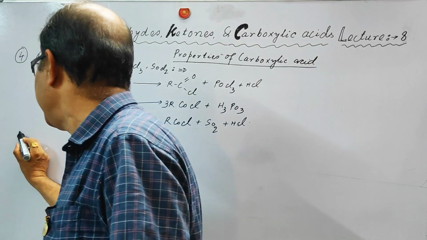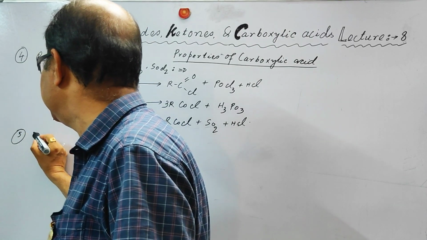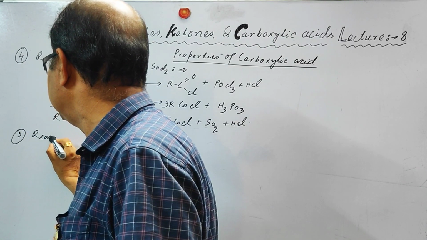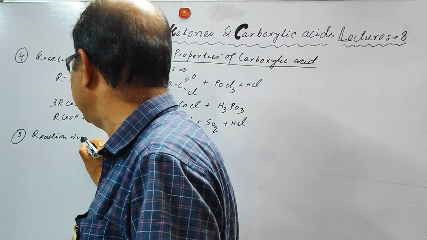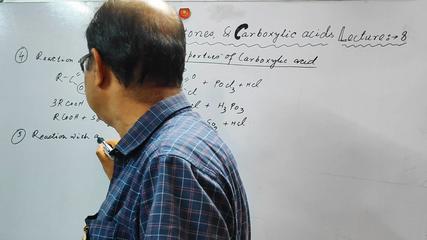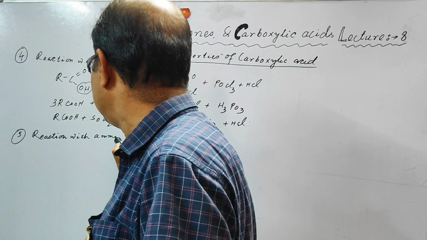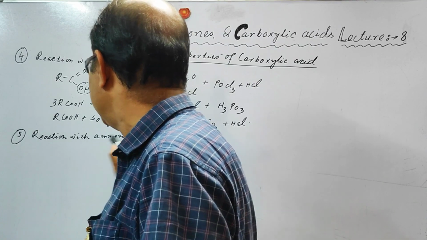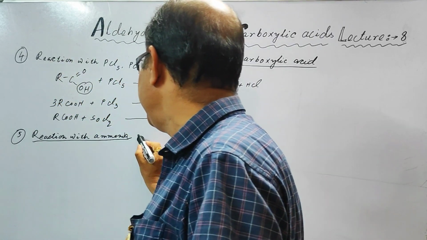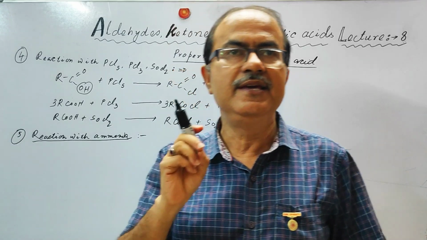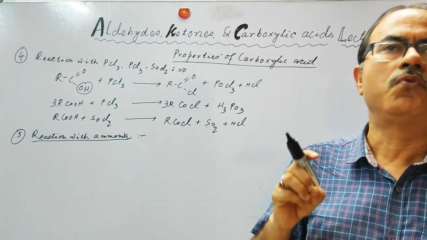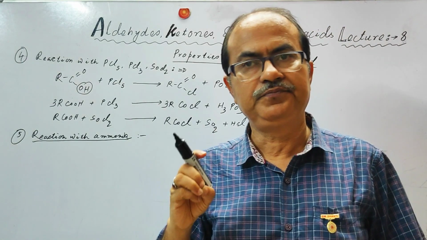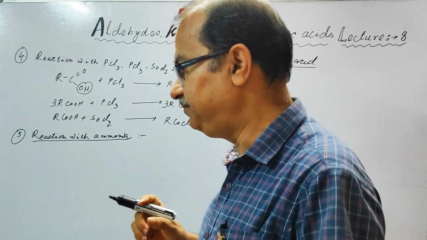Now reaction number 5 we are going to discuss, that is the reaction with ammonia. When the carboxylic acid is reacted with ammonia, it is going to produce the ammonium acetate.